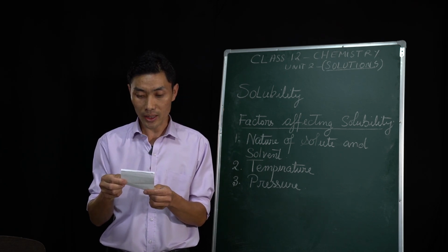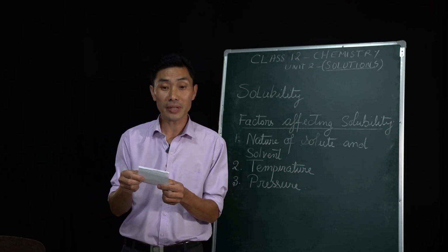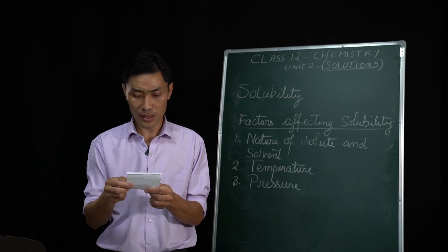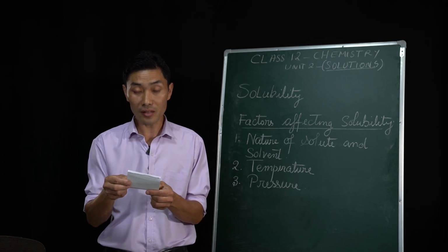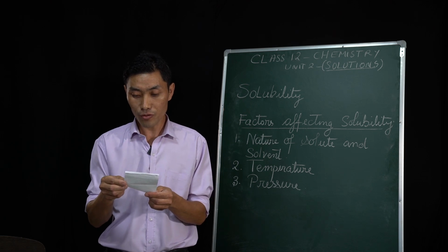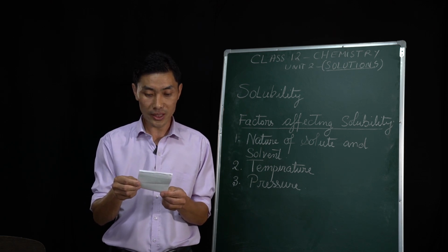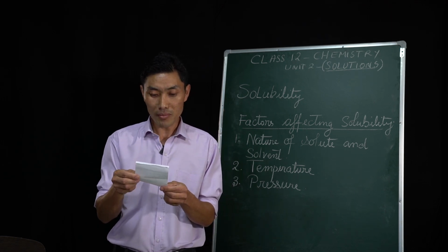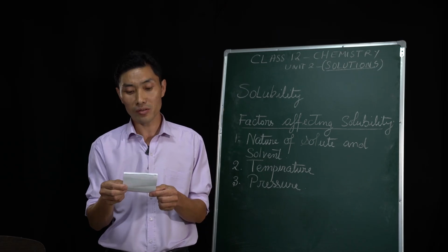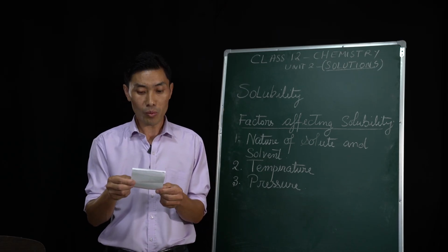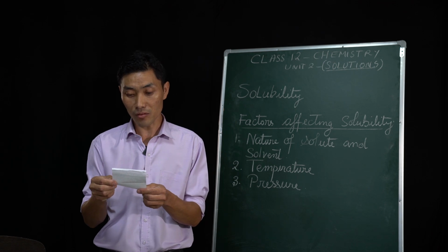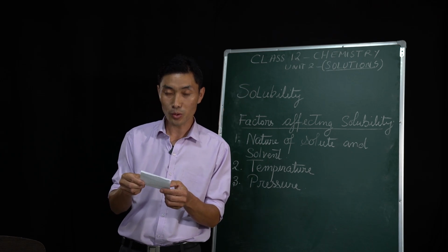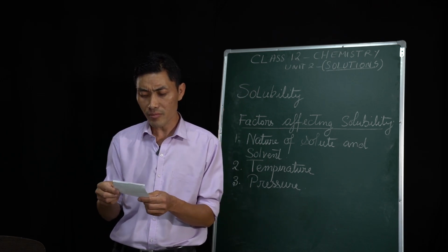The mass percentage of benzene in that solution will be 15.27%, and the mass percentage of carbon tetrachloride will be 84.72%. As I told you in the previous class, to find the mass percentage of any component, you divide the mass of that component by the total mass of all the components in the solution and finally multiply by 100. So please check your answers again.